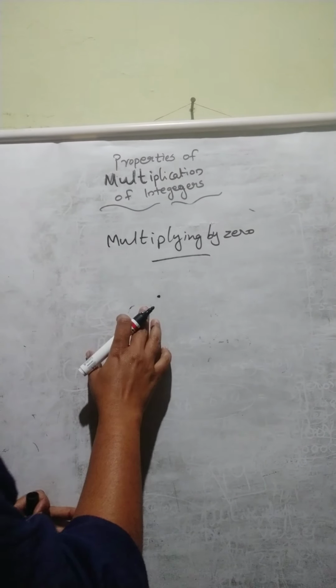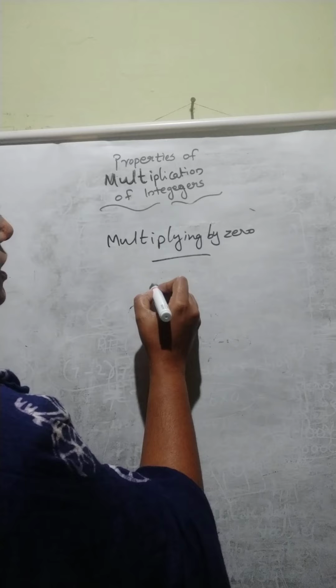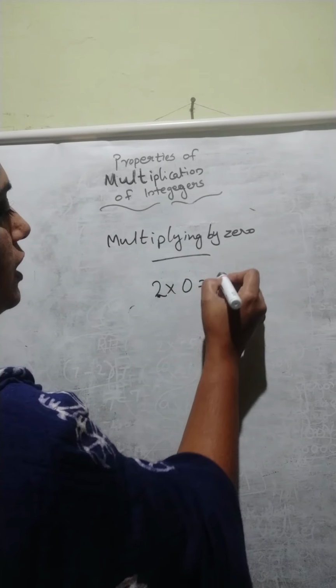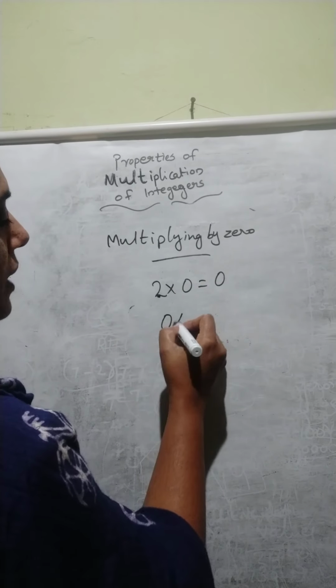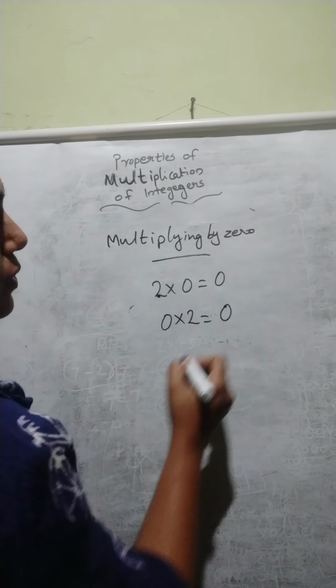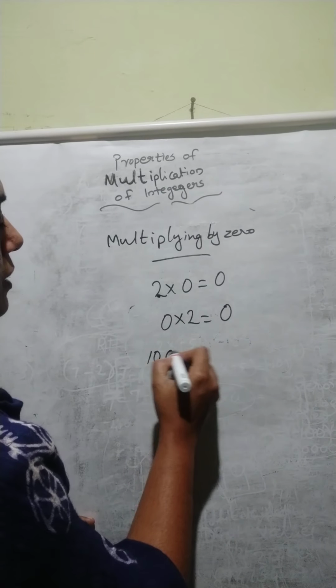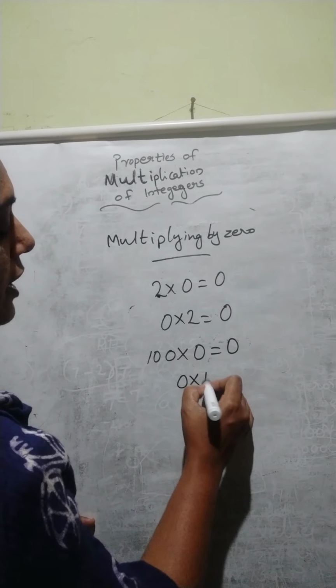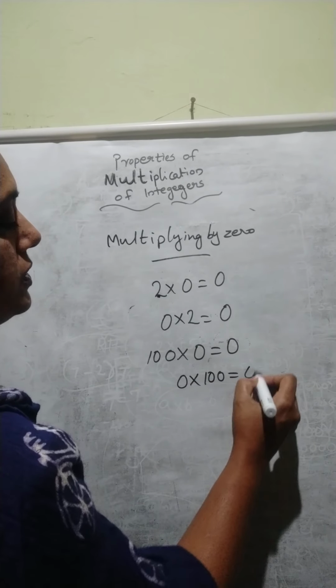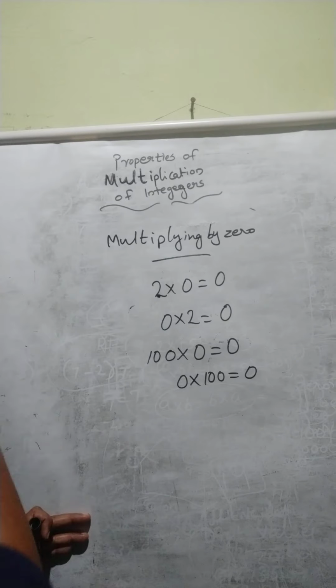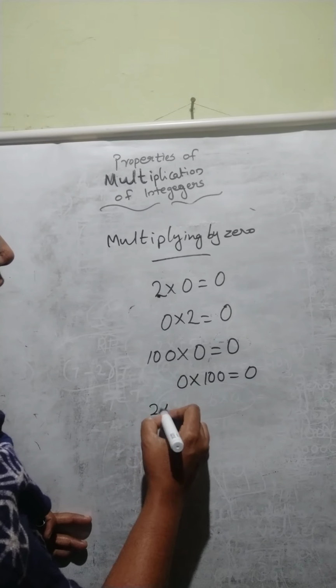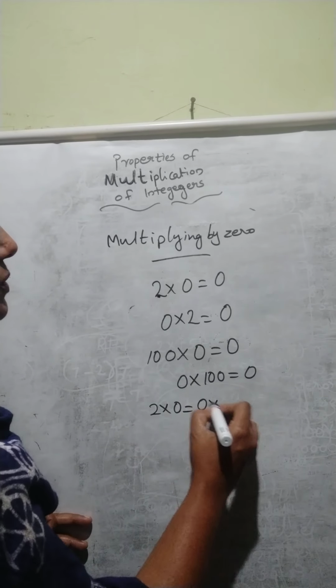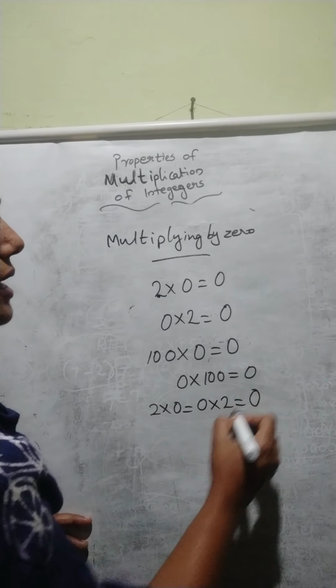Next, multiplying by 0. That is 2 multiplied by 0 is equal to 0. Also 0 multiplied by 2 is 0. Then 100 multiplied by 0 is also equal to 0. Then 0 multiplied by 100 is equal to 0 itself. So when we are multiplying 2 times 0 and 0 times 2, we will get 0 as the answer.